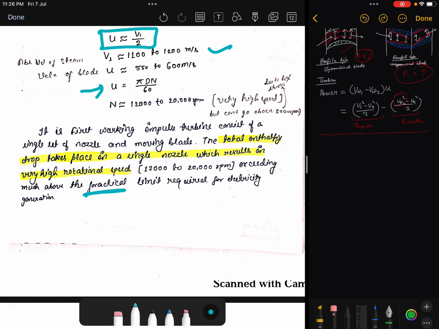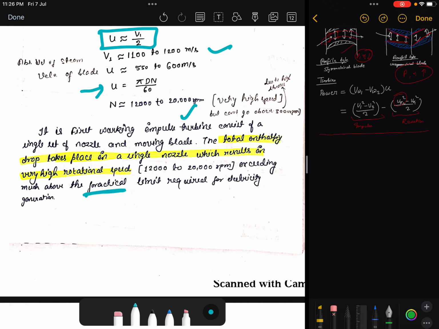So the main problem of the De Laval turbine is its very high speed, like 12,000 to 20,000 RPM. We don't need such a high speed, so we need to control this speed.